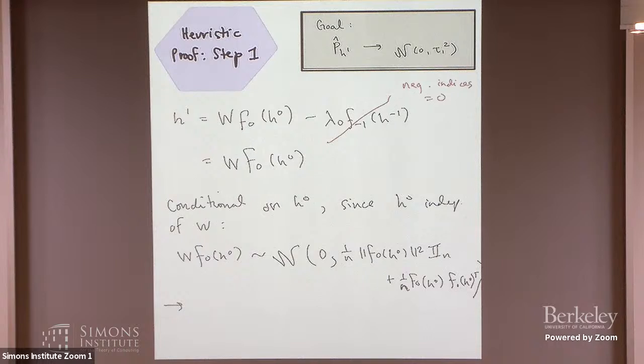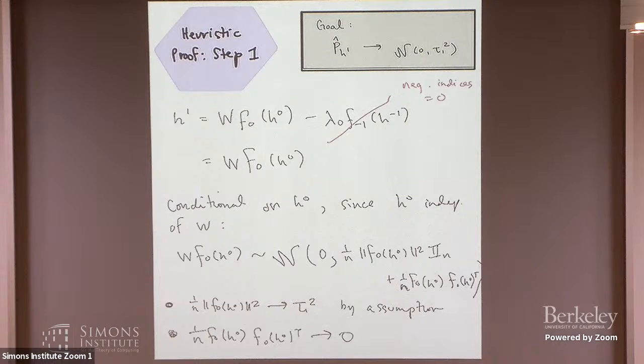So this term here, 1 over n times F0 of H0 squared, converges to tau1 squared, my state evolution value, by assumption. And then this rank 1 term is just negligible in the limit, so this goes away. Again, we're just going to ignore that.